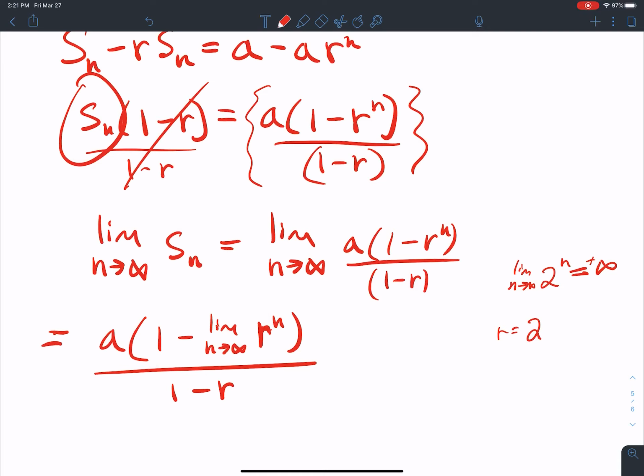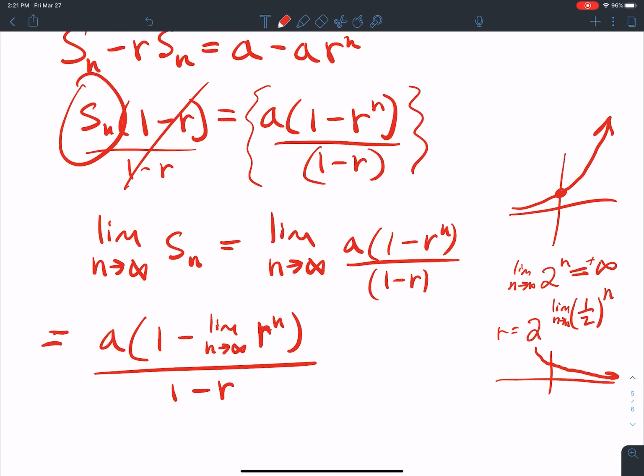But if r is like a half and I take the limit as n goes to infinity, what's going to happen? No longer will my graph go exponentially up like this. It will actually be an exponential decay like this. It's heading down towards 0.